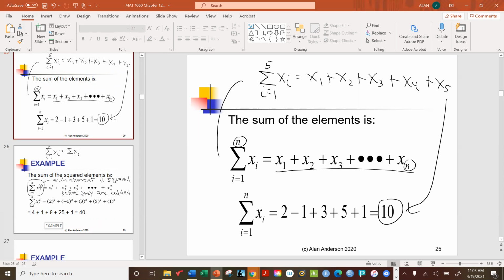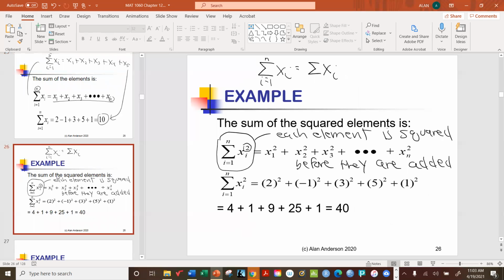So for example, by the way, I just wanted to point out on the top here, some books do not include the i equals 1 to n, and they just write it like this on the right. It means the same thing. Okay, so I'll try to always include the index on the summation operator, but it's not absolutely necessary if it's clear what data you have to work with.